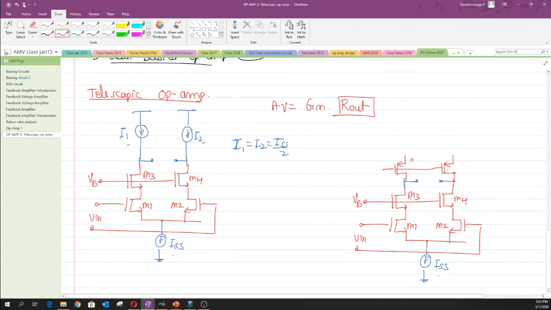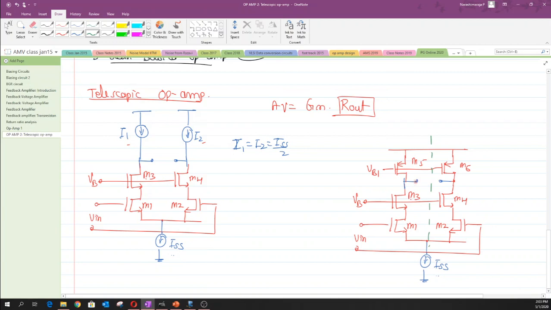Let me label this one as M5 and M6, and let us fix them to some potential like VB1, which is different from this NMOS VB value, and let us fix our VDD. Now, when we try to analyze the circuit, one could evaluate the capital GM of this circuit just by shorting this node, and since the circuit is symmetric, one could draw a line of symmetry.